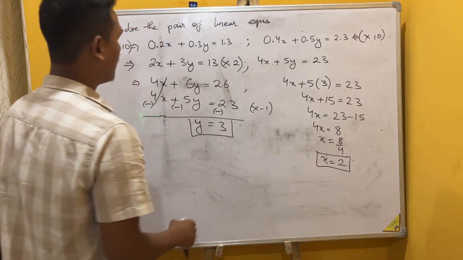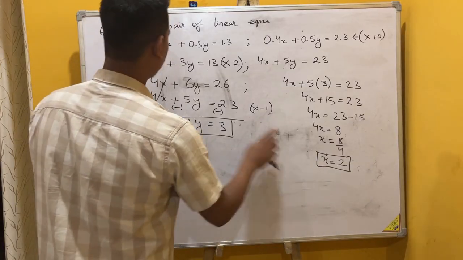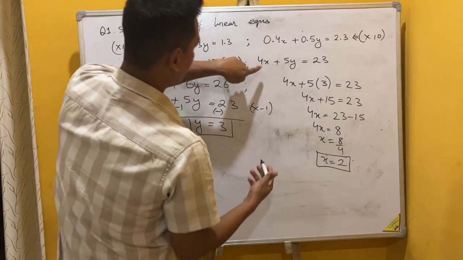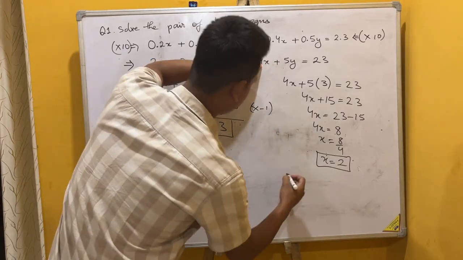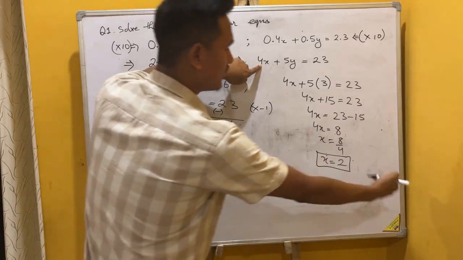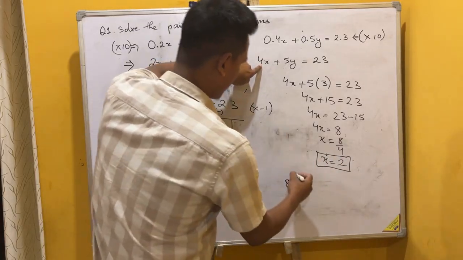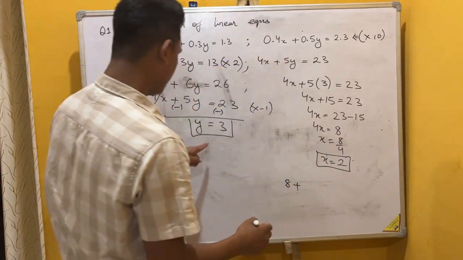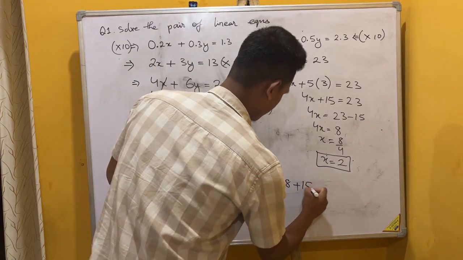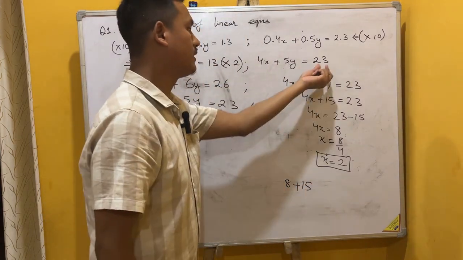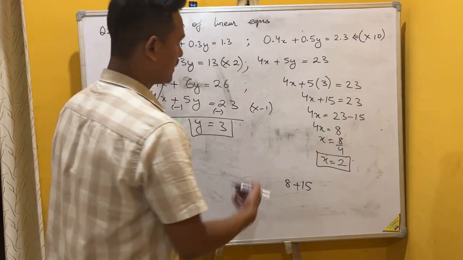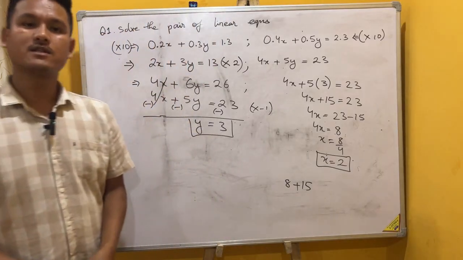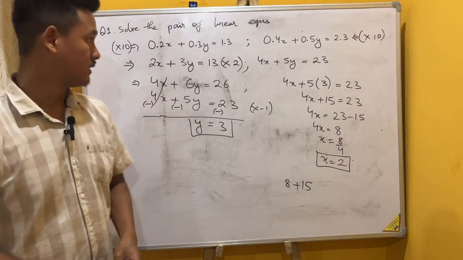For example, let's put the value of x and y in this equation. This is going to be 4 into 2 is 8, you can do this in your rough, plus 5 into 3 is 15. So 8 plus 15 is 23. So our answer is correct. That's how we check and move on.